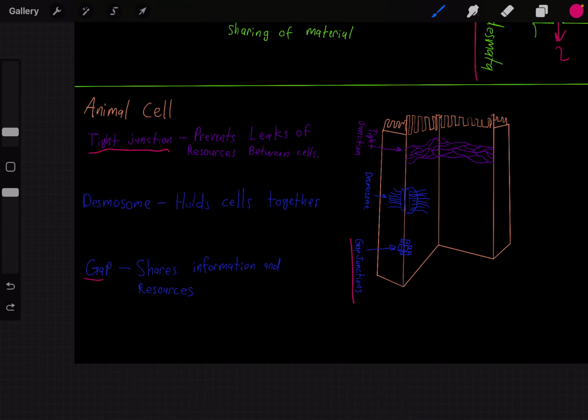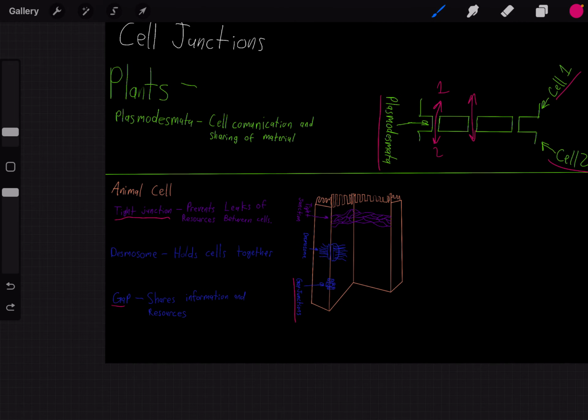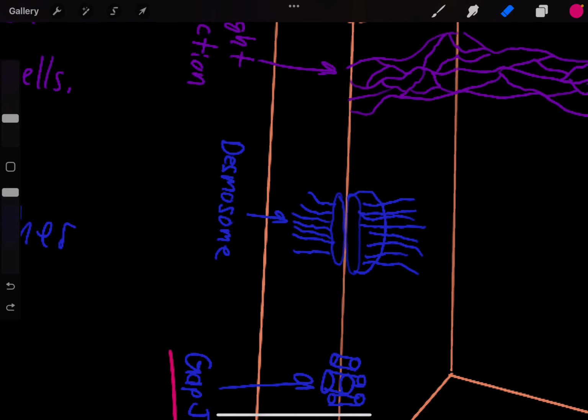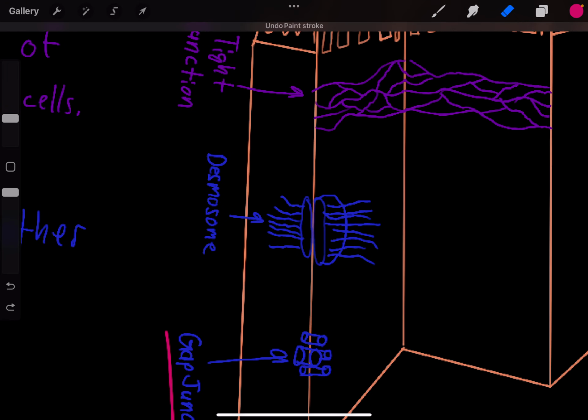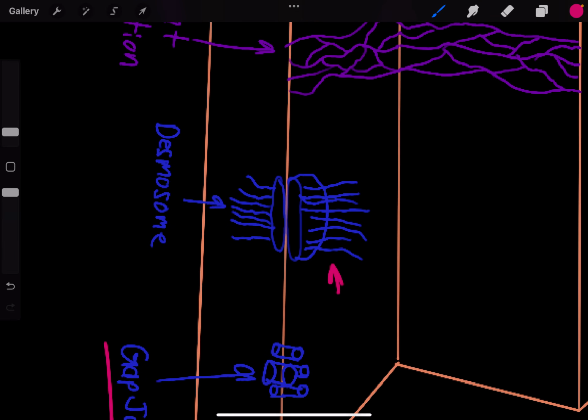Another type of cell junction we have here is a desmosome. It holds the cells together like a solder, like if you were soldering something. We have here intermediate filaments. These hair-like structures are intermediate filaments.